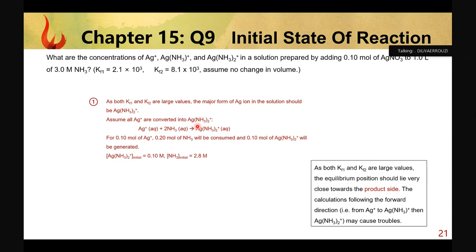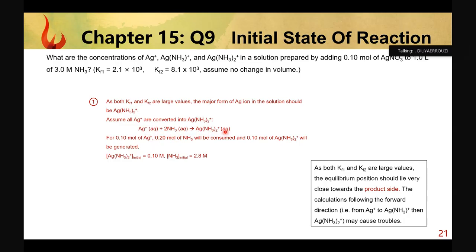So we need to decide how the reaction will proceed. If the Kf value is fairly large, we just assume all the silver ion will convert to the silver ammonium 2 ion.